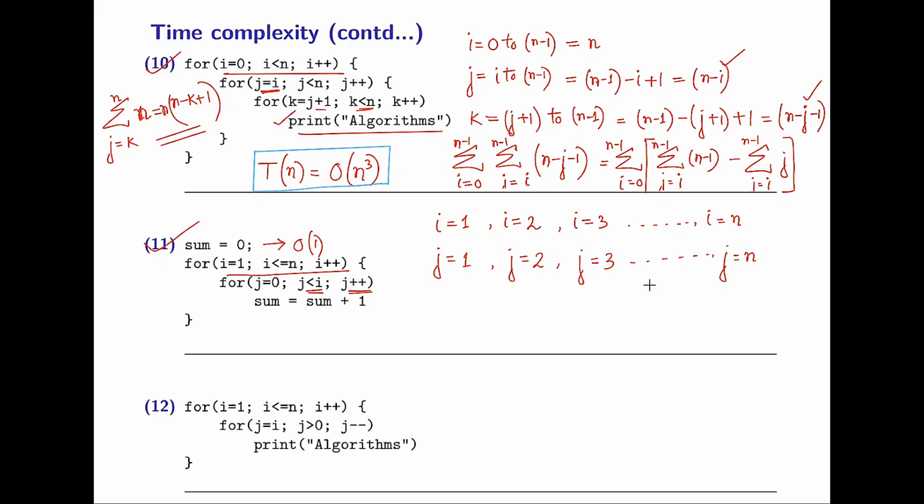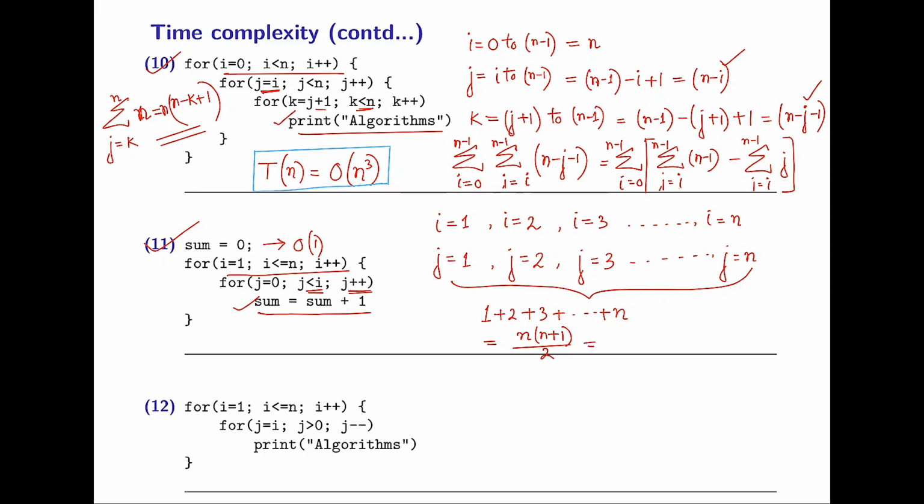Right. So in total, how many times is j going to execute? That will decide how many times the statement inside the loop is going to execute. So 1 plus 2 plus 3 plus up to n. If I add, that is what? n into n plus 1 by 2.